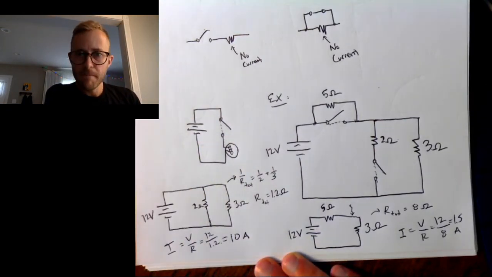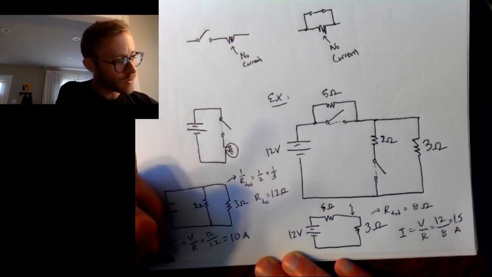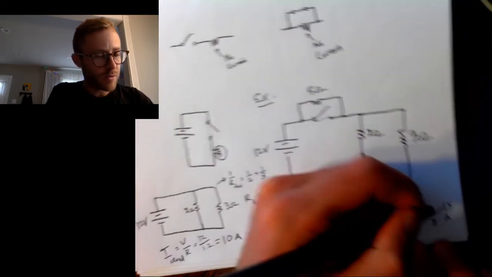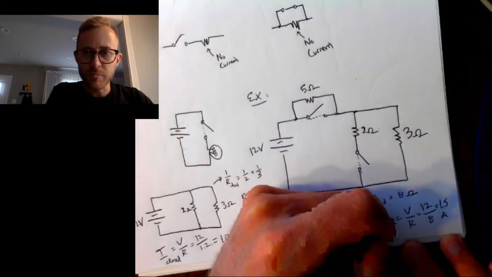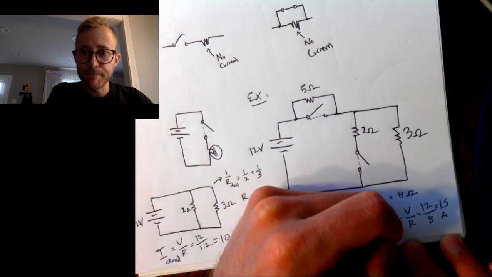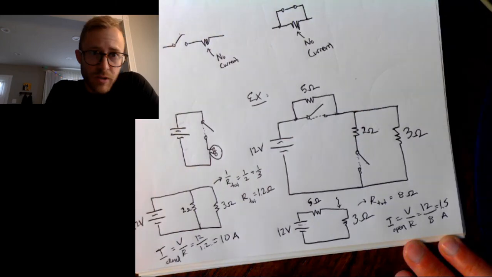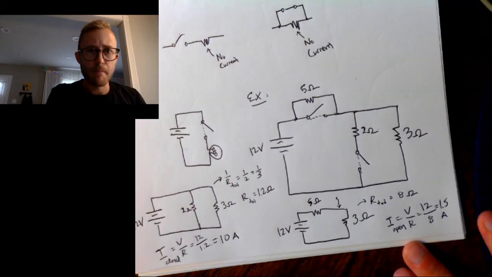Okay, so we can see that the amount of current that flows with the switches closed is quite a bit greater than the current that flows when the switches are open. So this is really what I wanted you guys to learn about today, how to analyze circuits with switches when the switches are open, when the switches are closed.